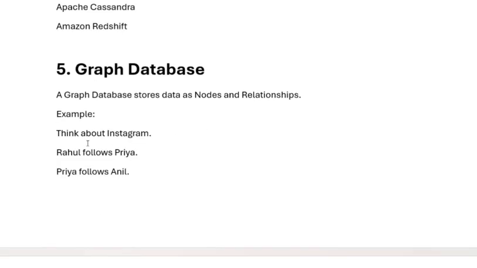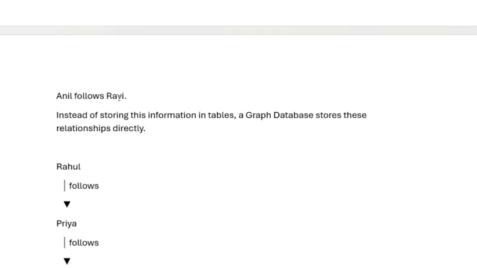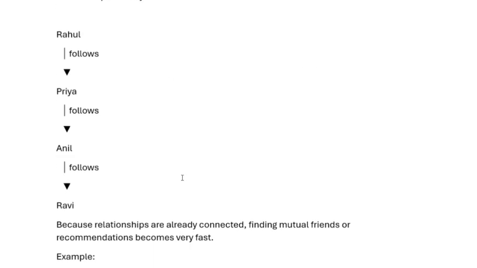And the last one is the graph database. A graph database stores the data as nodes and relationships. For example, think about Instagram. Rahul follows Priya and Priya follows Anil. Anil follows Ravi. Instead of storing this information in tables, a graph database stores these relationships directly.